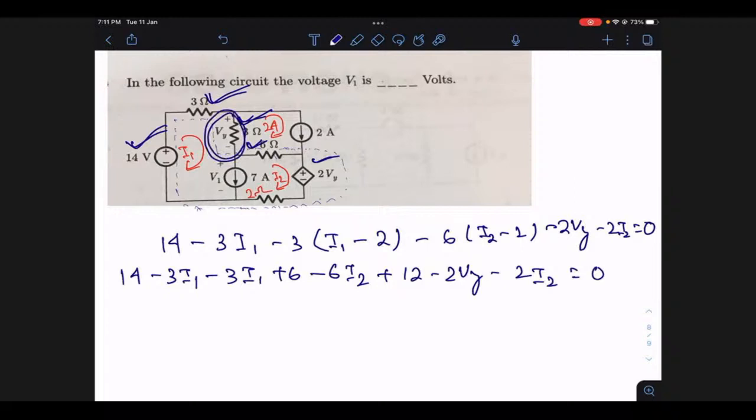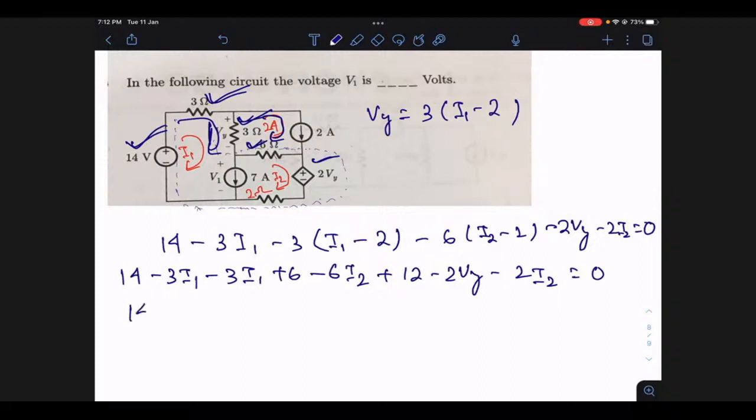So what is this Vx? Vx is 3 into (I1 minus 2), because this side current is I1 and this side current is 2, and I2 is this other current. So this voltage is 3 into (I1 minus 2). In place of Vx, you can substitute that.